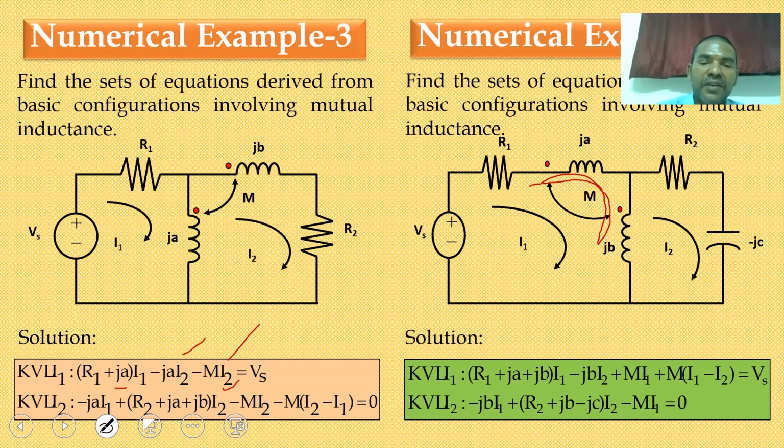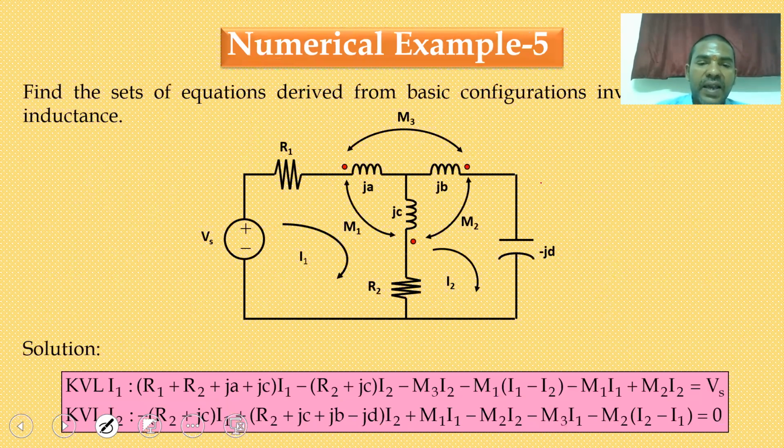Coming to the fifth example, here 3 mutual inductances are there. JA to JC is M1, JA to JB is M3, JB to JC is M2. It is a 2 loop circuit, 2 currents are there. For those 2 currents, we are going for the KVL equations.